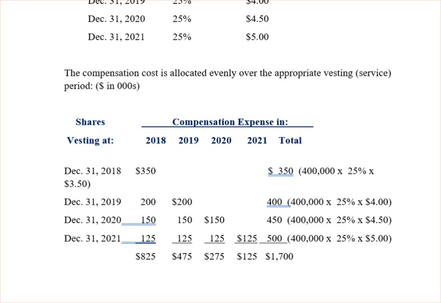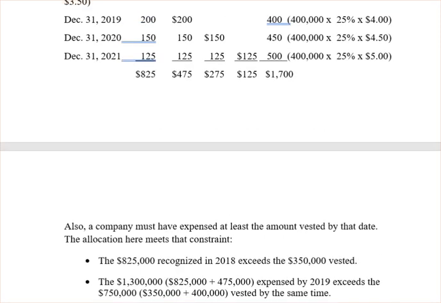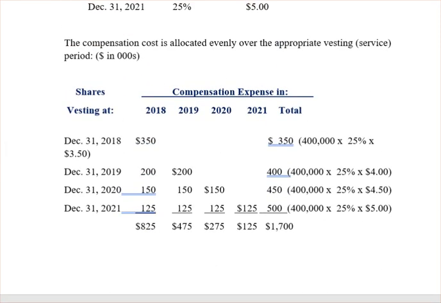But there is a rule that also kicks in that we're going to get into, and that is a company must have expensed at least the cumulative amount that is vested at that date. So you're going to go off cumulatives. If you look at the table we created initially, we know that at 2018, the total amount which could vest is going to be 350,000.